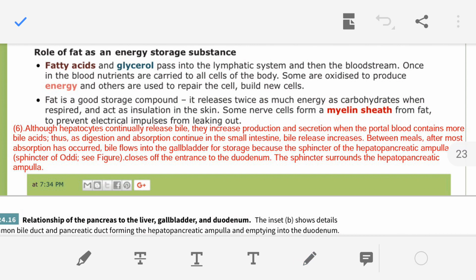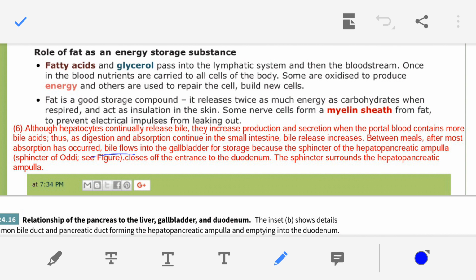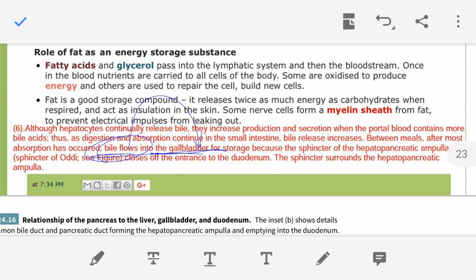Okay, and at this time bile flows into the gallbladder, because now the bile has no role to play in digestion, since the digestion process is already completed. So now the bile enters the gallbladder for storage, and here it is not only stored but also concentrated. And in the previous lecture we understood how this bile is concentrated, how the water is removed from the bile. That we already know.